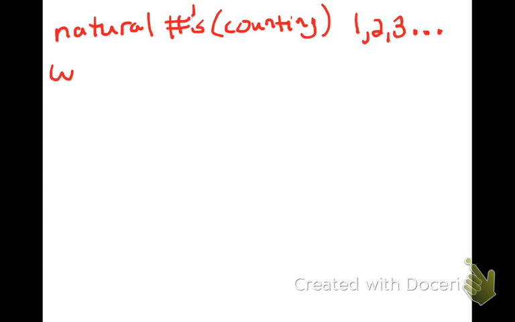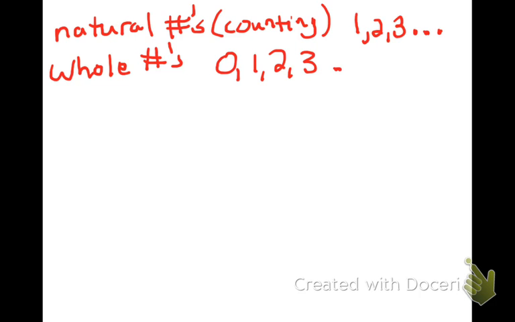After natural numbers, we have what are called whole numbers. There's not a lot of difference between natural numbers and whole numbers. Whole numbers are the numbers 0, 1, 2, 3, etc. So that includes 0 where it didn't before. Then we have integers.